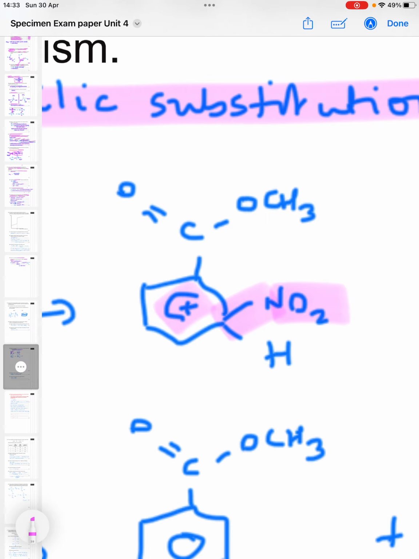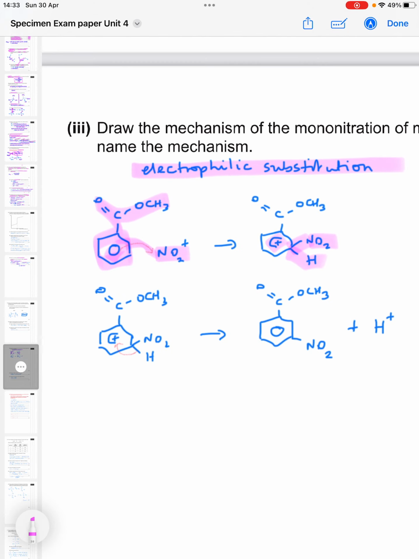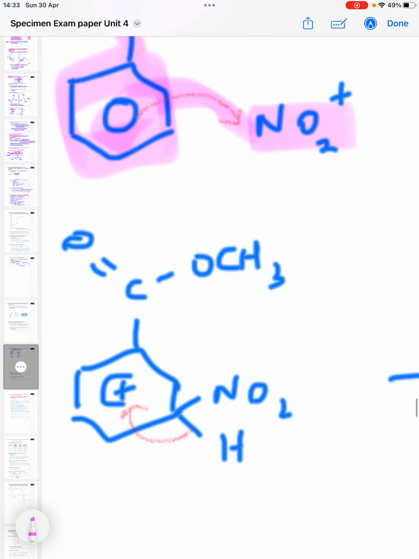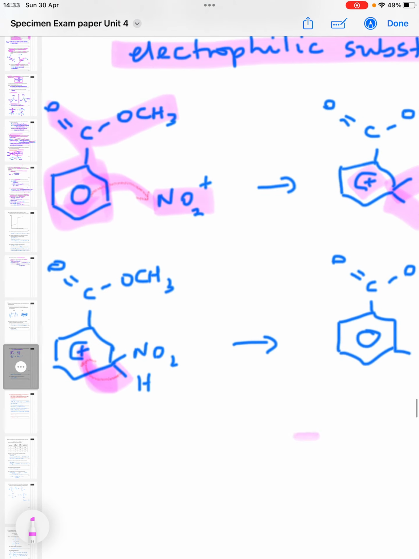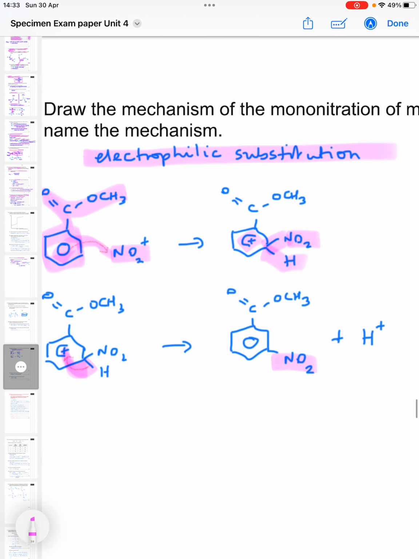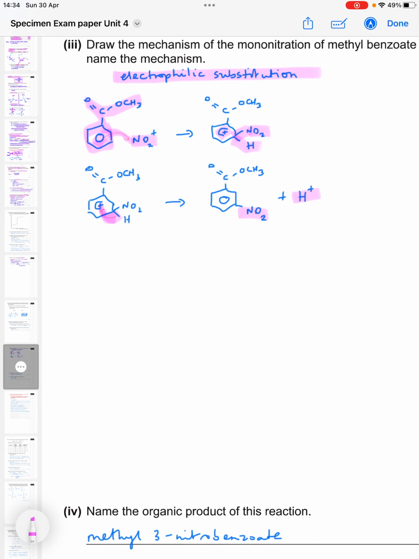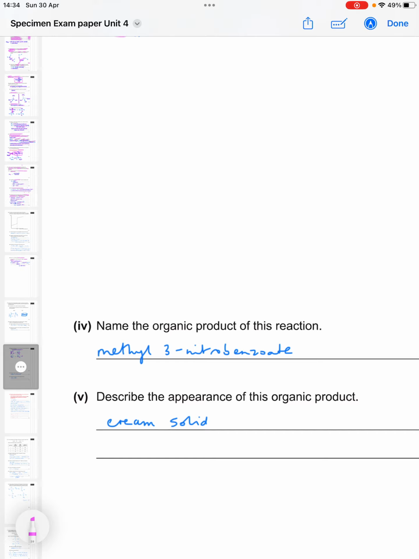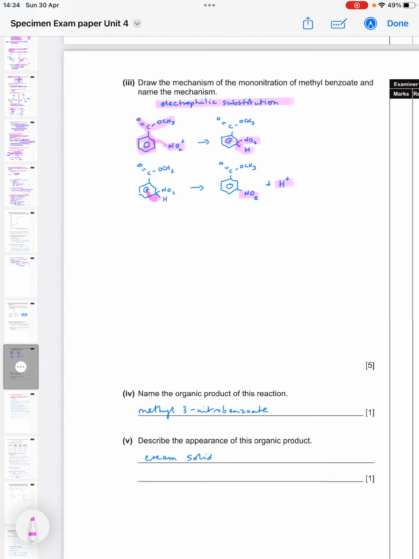And then in this part you see we have this partial ring with positive charge, and we have here the NO2 and the hydrogen both attached. And then what happens is the electrons in that bond move towards the middle, and we're left then just with the NO2 group, and the hydrogen ion then is liberated.